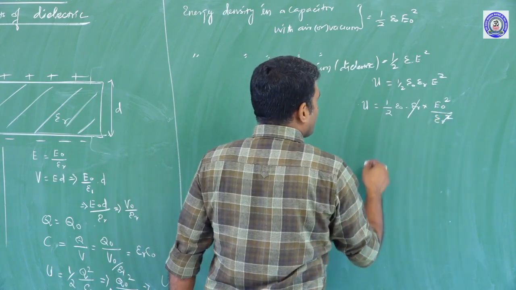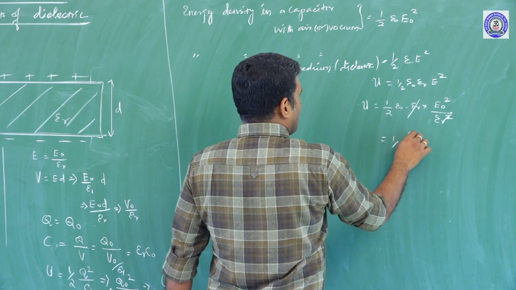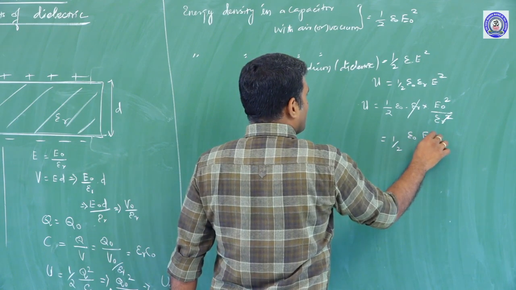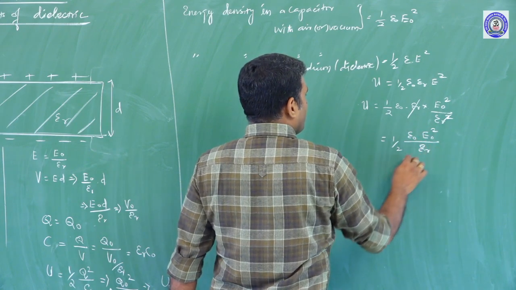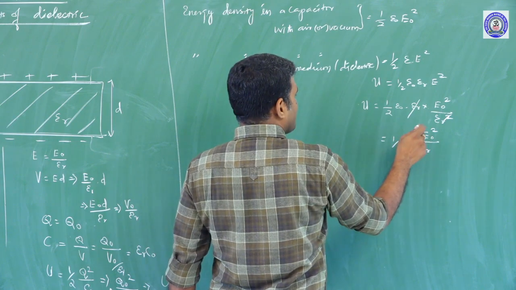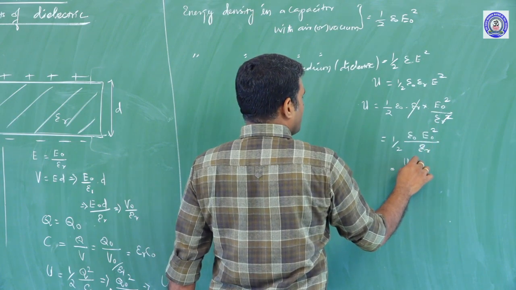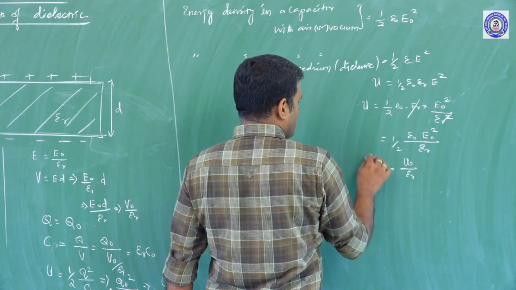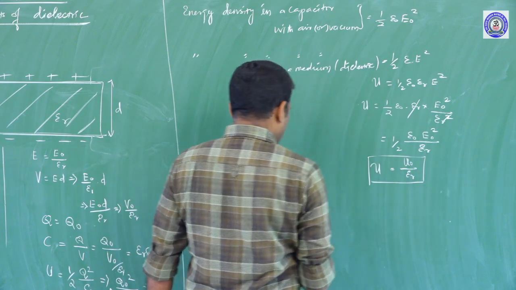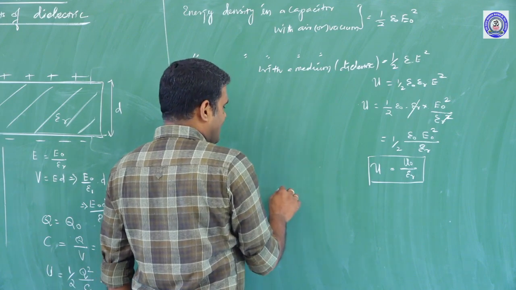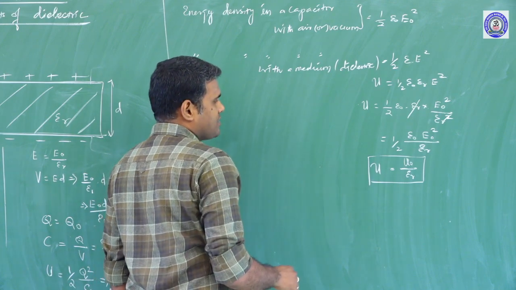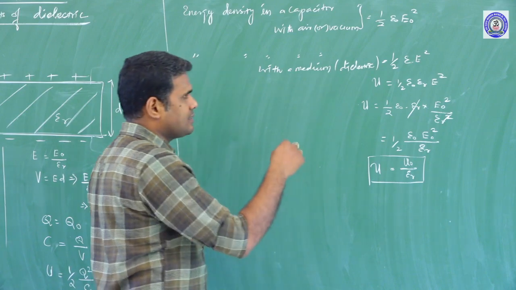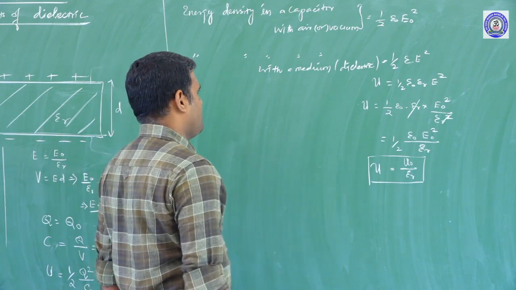One epsilon r cancels out, and we have half epsilon naught E naught square divided by epsilon r. Half epsilon naught E naught square is nothing but small u naught, so this is u naught divided by epsilon r. So I can say energy density decreases by epsilon r times.